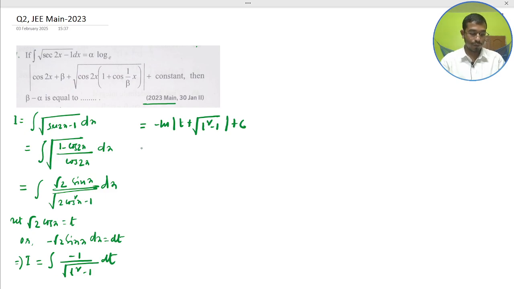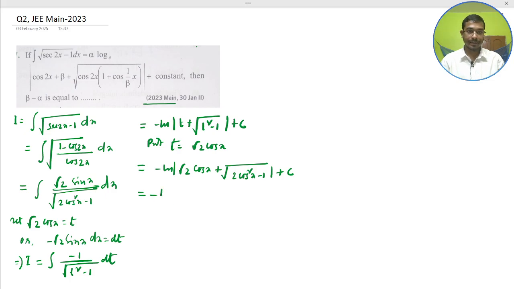So now put t equal to root 2 cos x. This should be minus ln of root 2 cos x plus root over of (2 cos square x minus 1), plus constant. Just solve this.